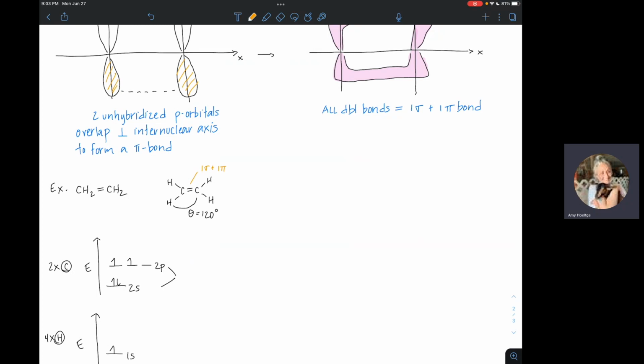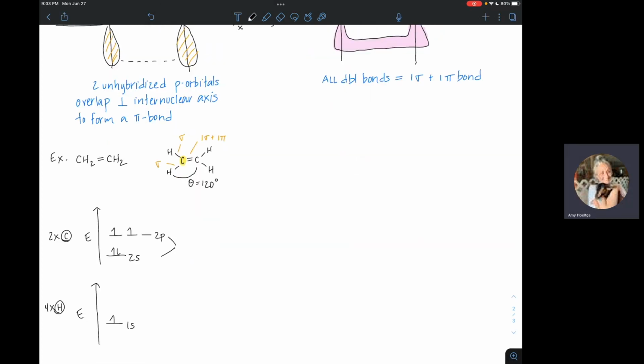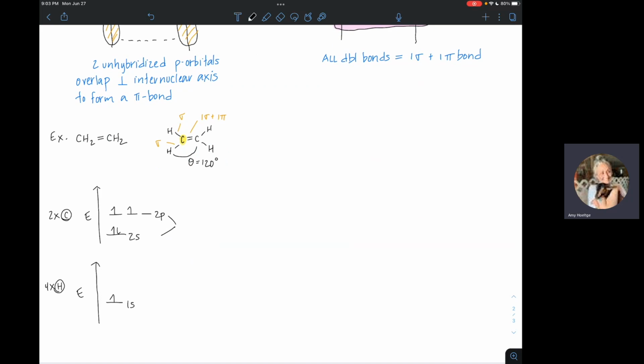And then each one of these single bonds is a sigma bond. If you're only looking at 1 single carbon, and they're equivalent, so you can just look at 1, I see that each carbon has 3 sigma bonds and 1 pi.